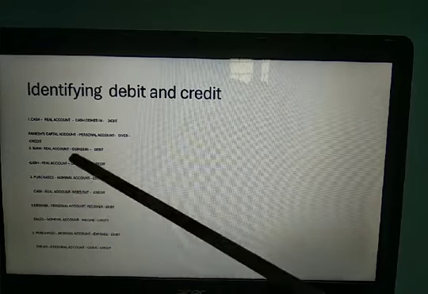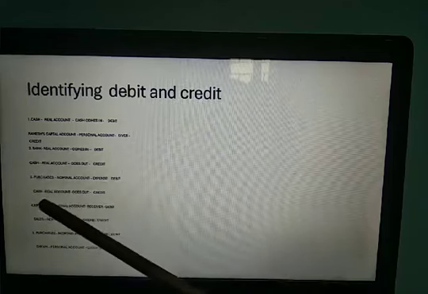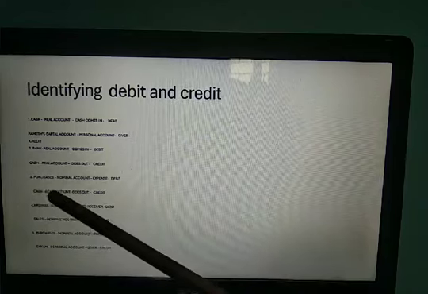Next transaction, which we gave in the earlier slide, purchases for cash. Purchases is an expense account, that is a nominal account, that's why expense is debit. And the other side is cash. Since it is a real account and this cash is going out, it is credit.